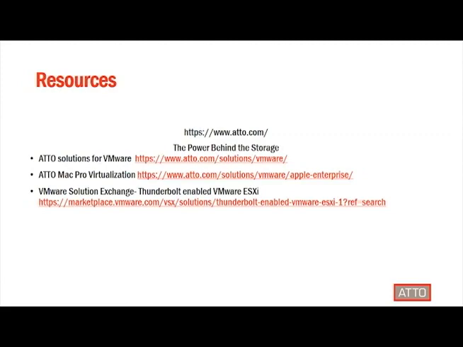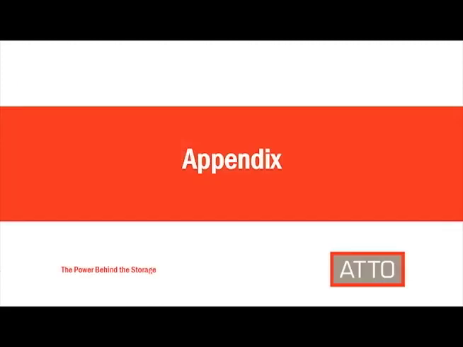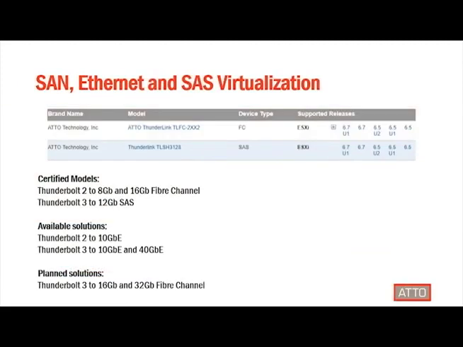Just briefly, this is our Thunderbolt certification matrix for the devices that are currently on the VCG. As I stated earlier, our 10 and 40 gig Thunderbolt 2, Thunderbolt 3 Ethernet devices appear natively as either an Intel or a Mellanox 10 or 40 gig device.